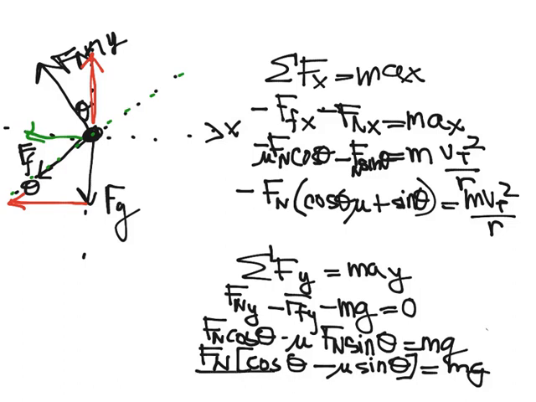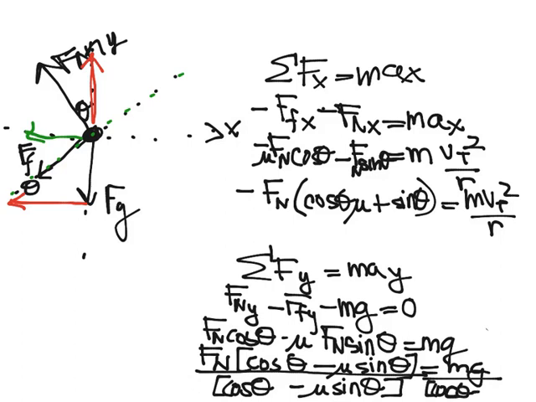Okay, my last step is kind of a brutal step. I'm going to divide both sides by cosine theta minus mu sine theta because I want to get Fn by itself. So divided by cosine theta minus mu sine theta.